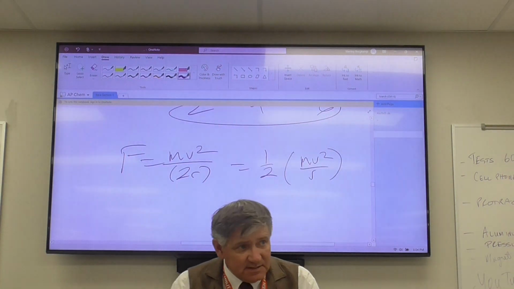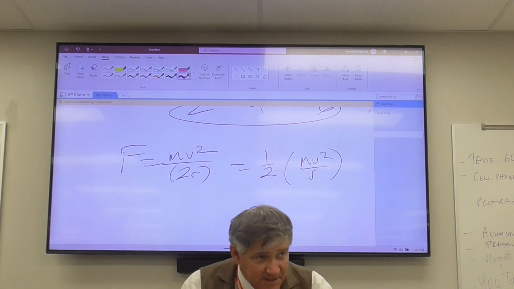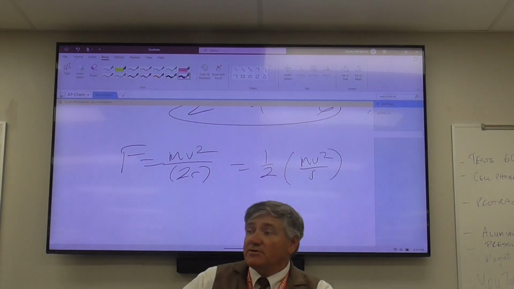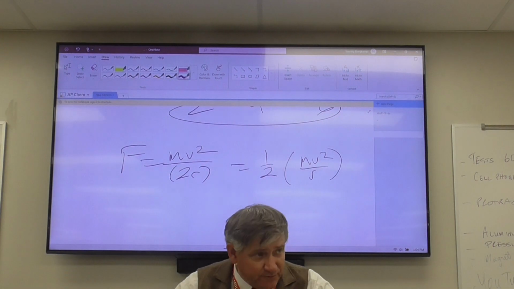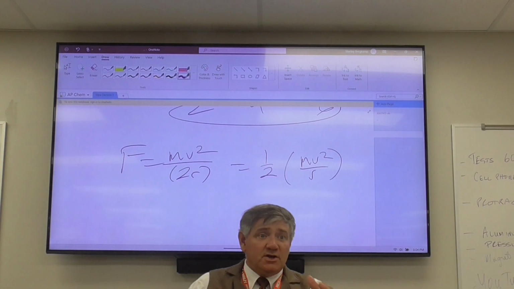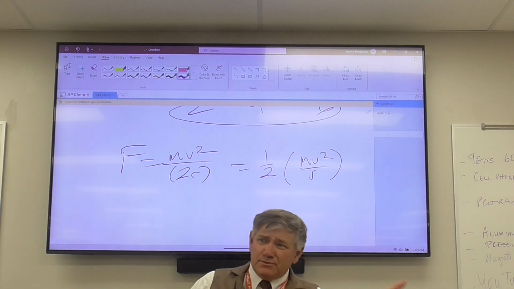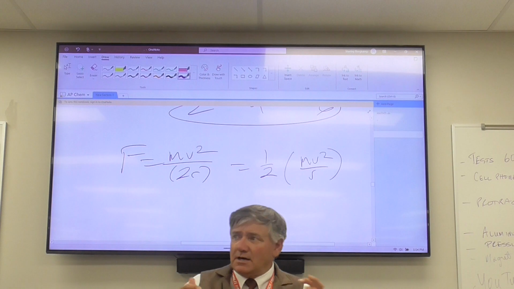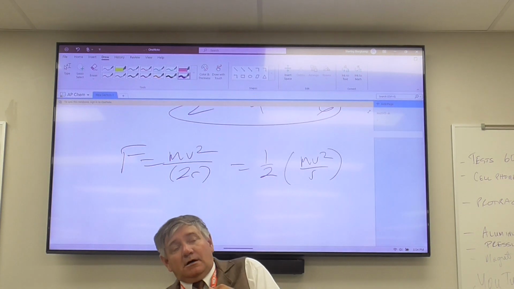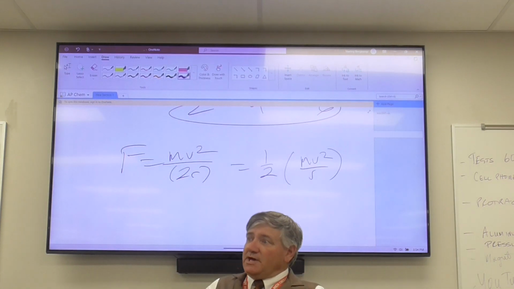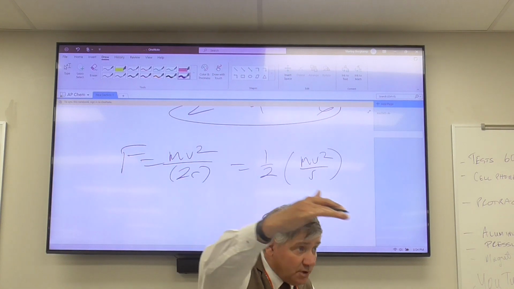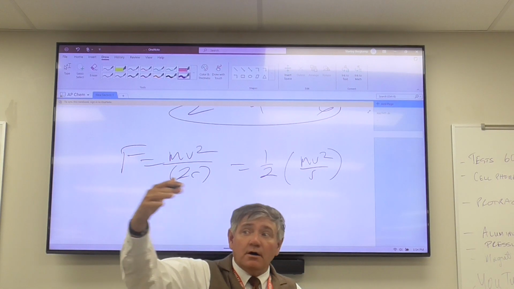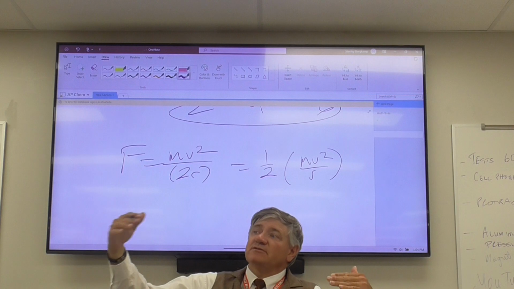So that means that amount of force is going to be decreased by 1/2. And this makes sense if y'all have driven, right? If you're in your car and you take a really, really tight turn, that's a really, really small radius. And like, oh man, that's a lot of force. Now, you take a big, wide turn, oh, that's not as much force because of the fact that the radius is bigger.